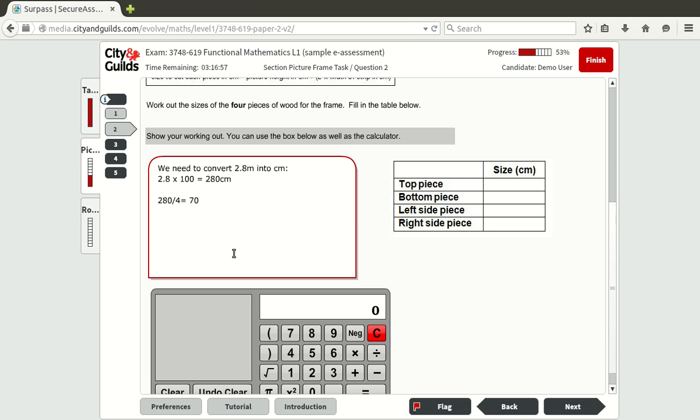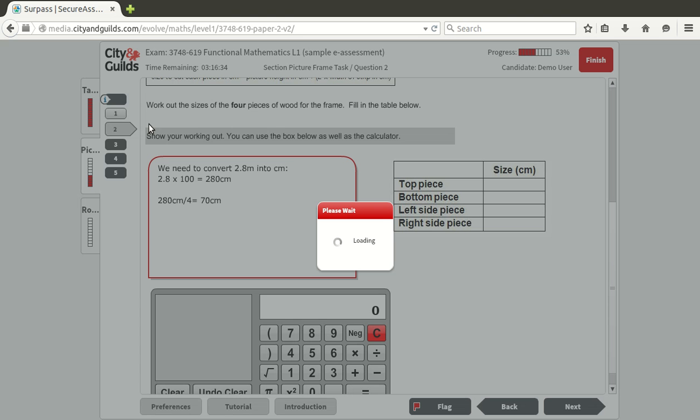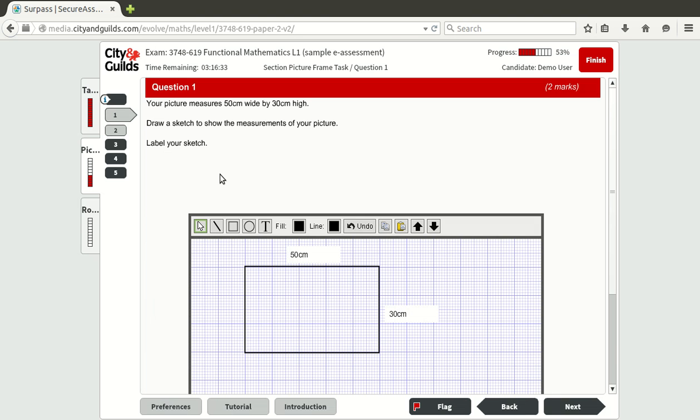70 centimeters, yes, 70 centimeters. So 280 centimeters divided by 4 is equal to 70 centimeters. Right, but this is too much because we don't need that much, because based upon what we used, so I'm going back to our first question, we only used 50 centimeters for the width and 30 for the height.